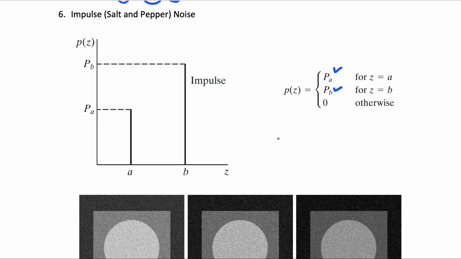For example, if you have a noise where all the values are either 0 or the maximum value, let's say 255, then we will have some probability for having the value 0 and some probability for having the value 255. This is called the salt and pepper noise, where the distortion will be only with a black pixel added, or a white pixel added.